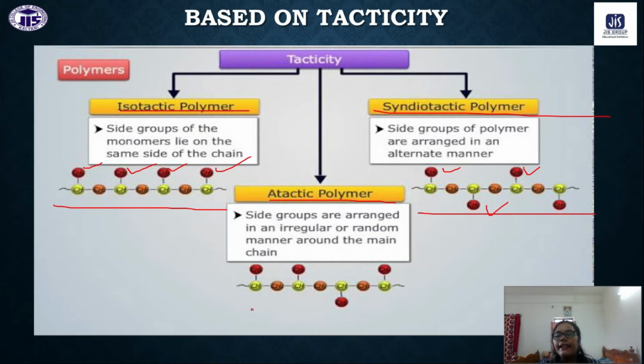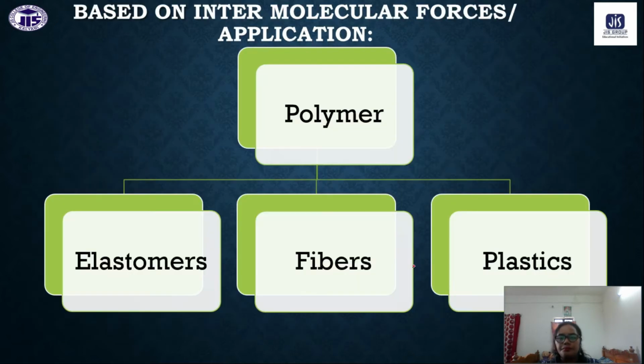And atactic, if you check this polymer, you can see there is no specific periodicity in the structure. At some points the red balls are on the same side, at some points they alternate, so their arrangement is random, and that is why it's called atactic polymer.